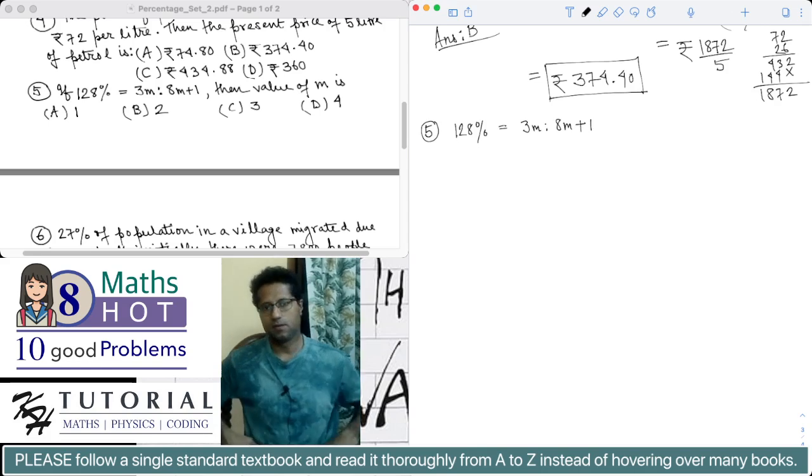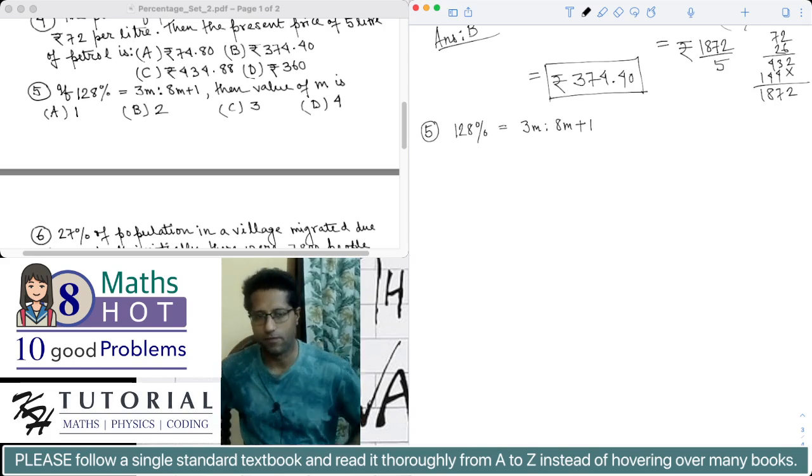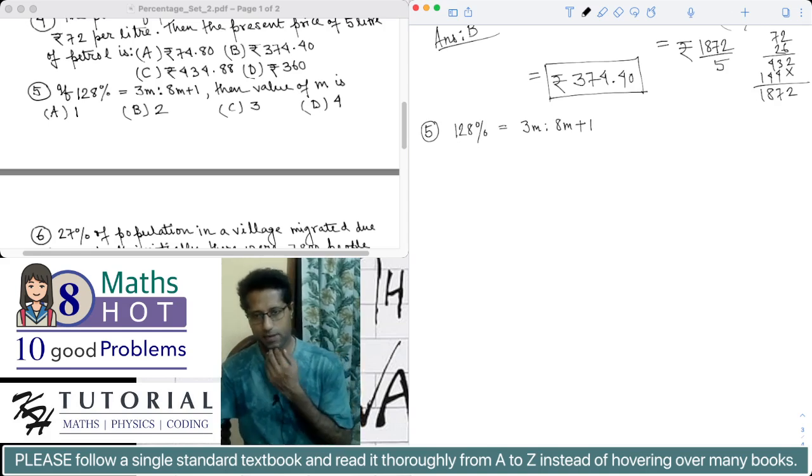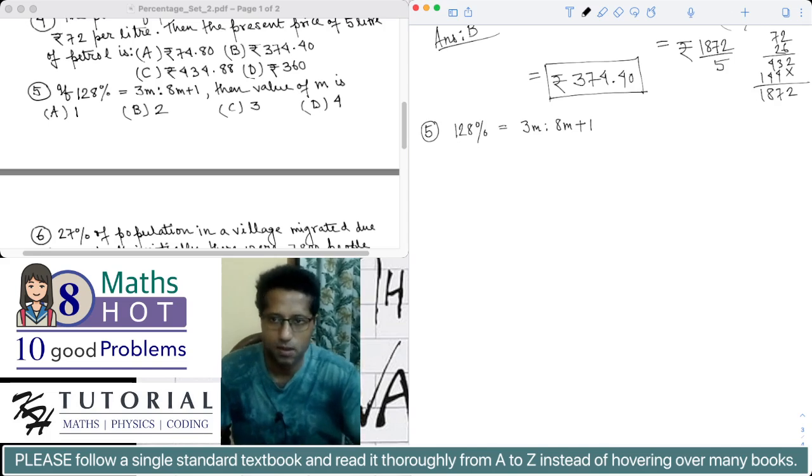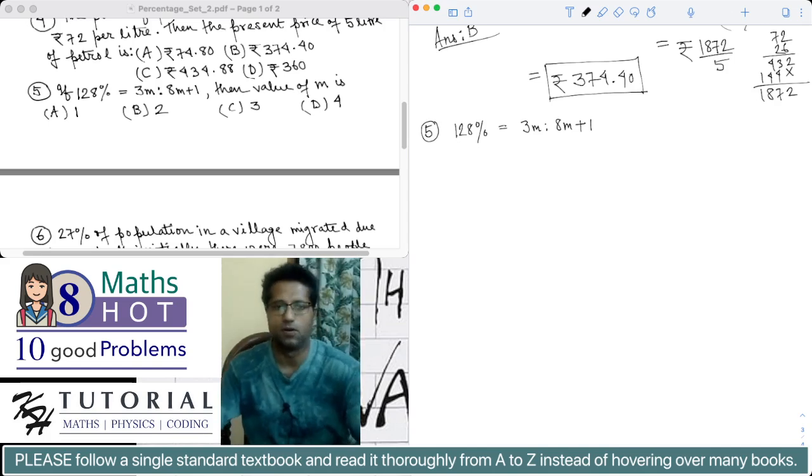So basically, on the left hand side of the equality, we are having a percentage, and on the right hand side, we are having a ratio. So it is saying that 128% is equal to the ratio 3m is to 8m plus 1. Then we have to find the value of m.